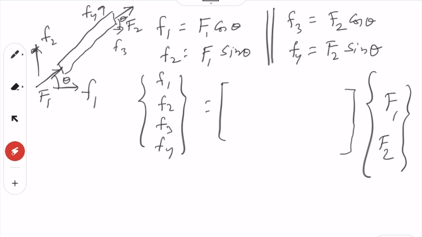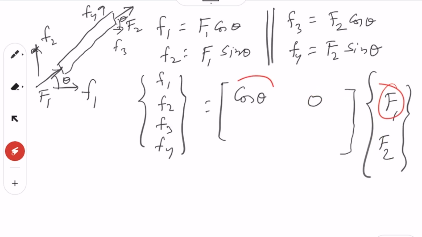So f1 is F1 cos theta, and then we will have F2 times 0, right? That's what we should get. So we get small f1 as capital F1 multiplied by cos theta, and F2 multiplied by 0, hence 0.